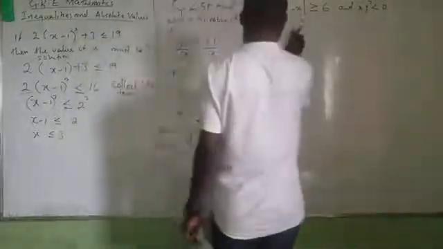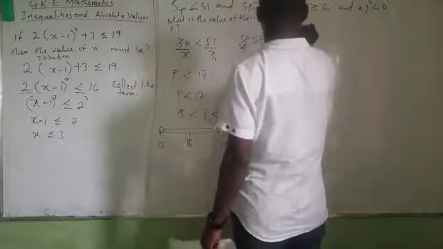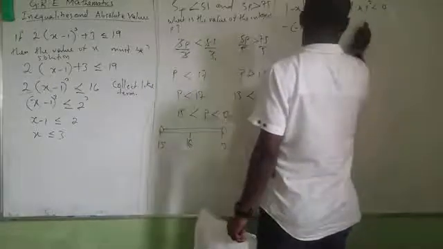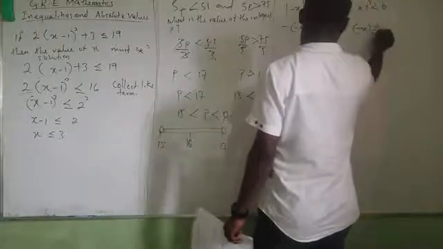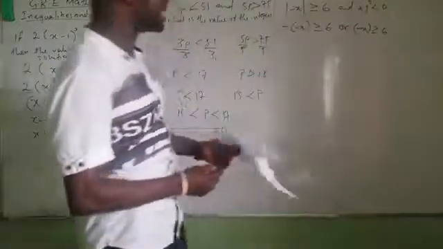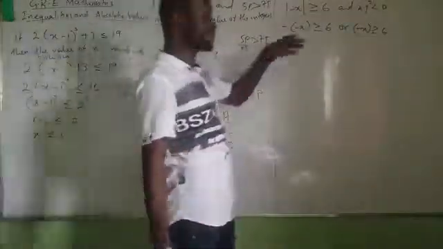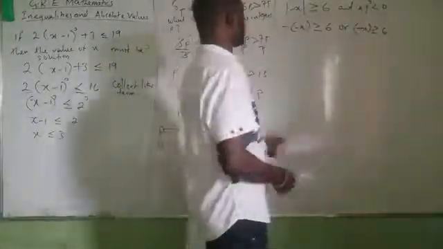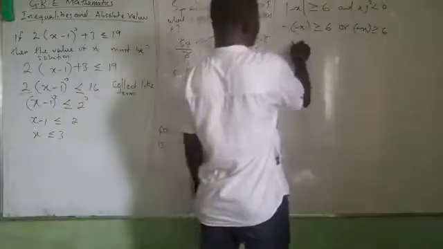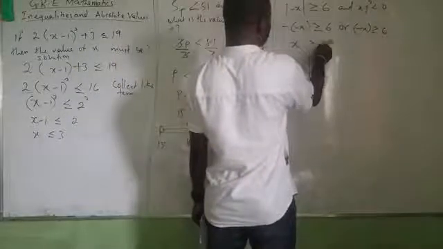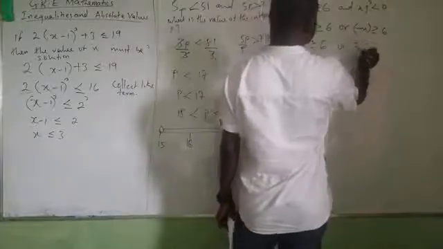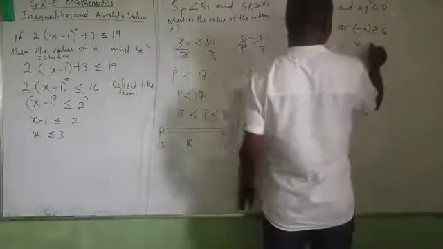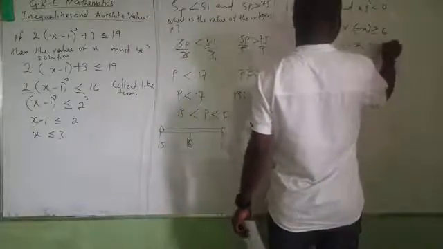When I have something like this, it means x is greater than 6, or x is less than or equal to minus 6. I've explained the absolute value last time, that is negative or positive. So here x is greater than or equal to 6, or x is less than or equal to minus 6.